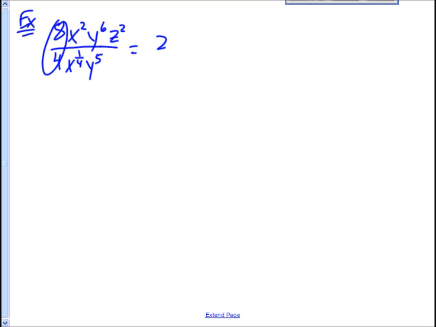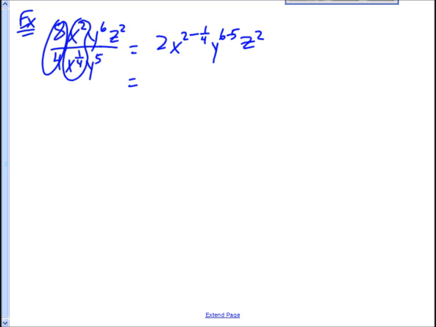And now we got a quotient here. We got that x squared over x to the 4th, so we can go ahead and do 2 minus 1/4. So we apply that quotient property. And then we got the y to the 6 over the y to the 5th, so y to the 6 minus 5 on that one. And then we got the z squared.